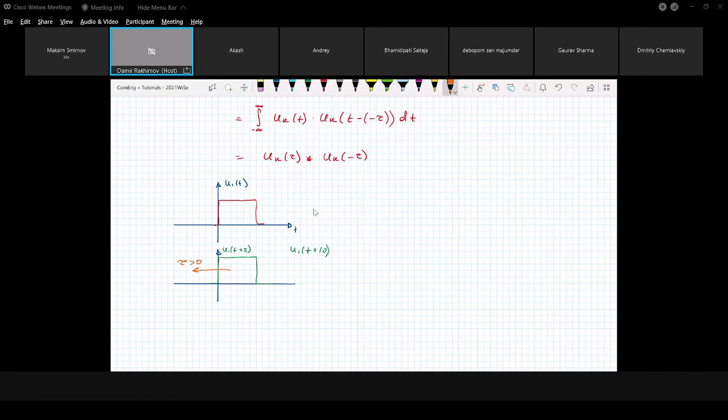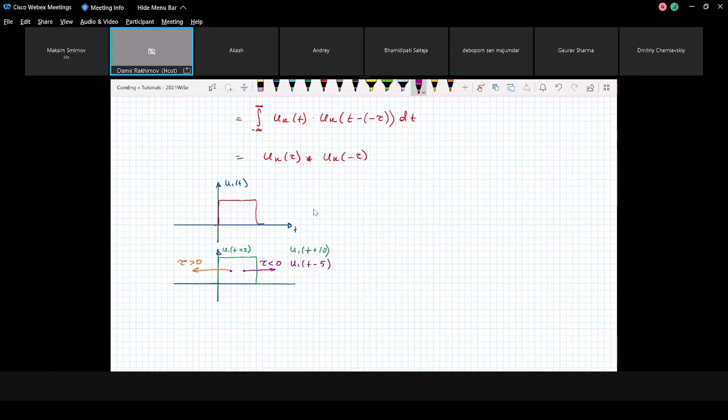We start to move slowly to the left. If I ask what happens for tau smaller than 0, you will have something like u1 of t minus 5, and minus 5 means that you shift to the right. This is a very important observation: for positive delays, you shift your copy of the signal to the left, and for negative delays, you shift to the right.